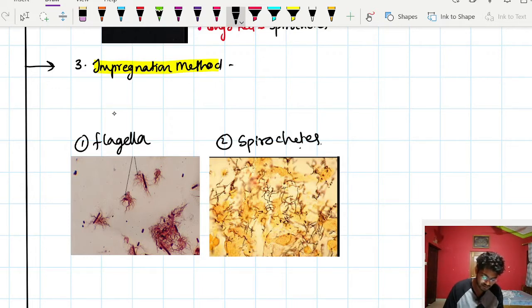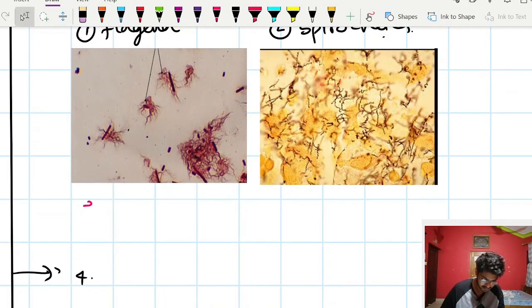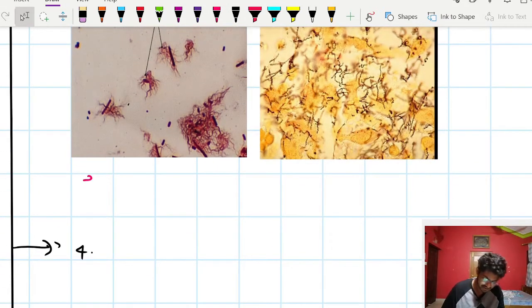The stain used here is Leifson's tannic acid impregnation stain. We are impregnating with tannic acid.